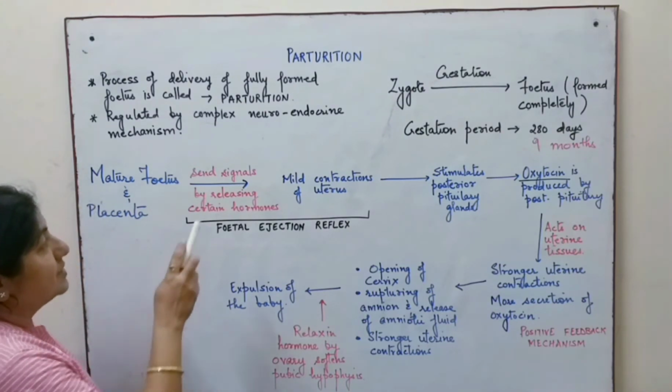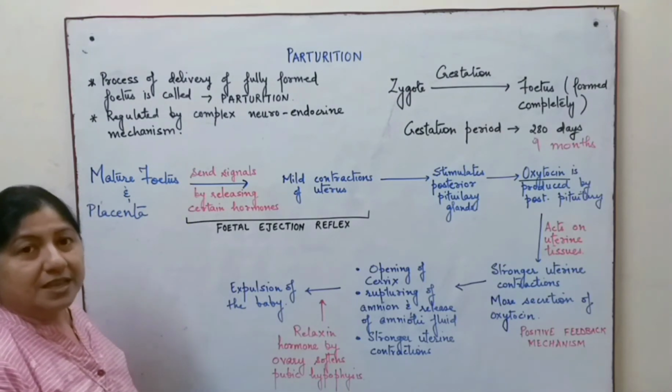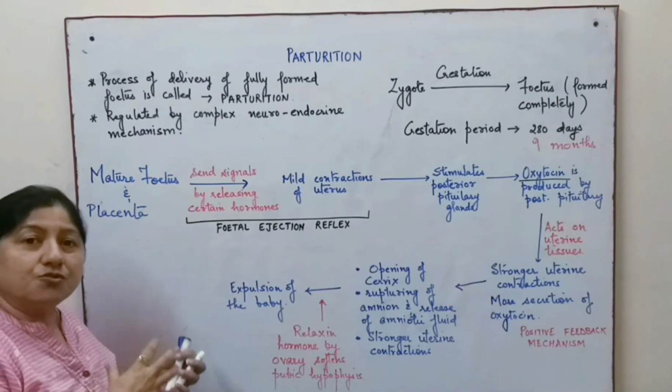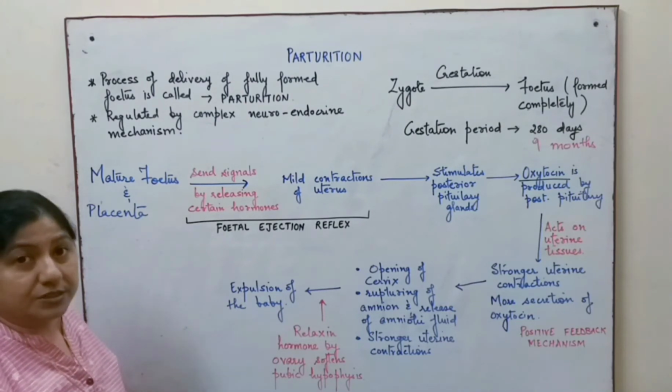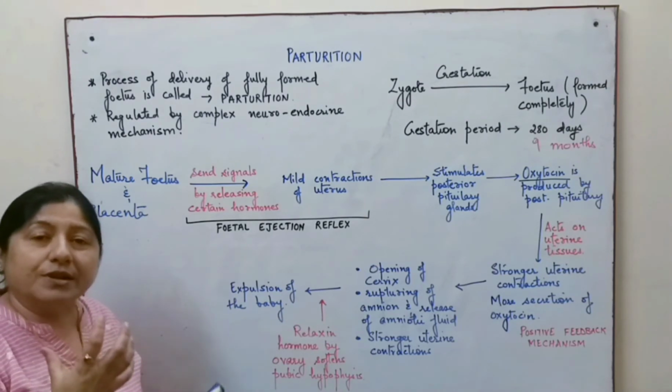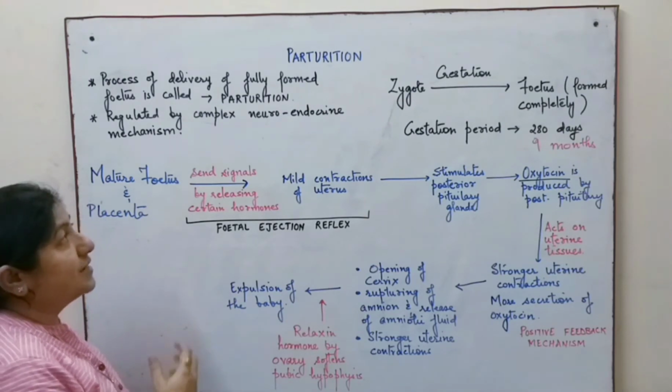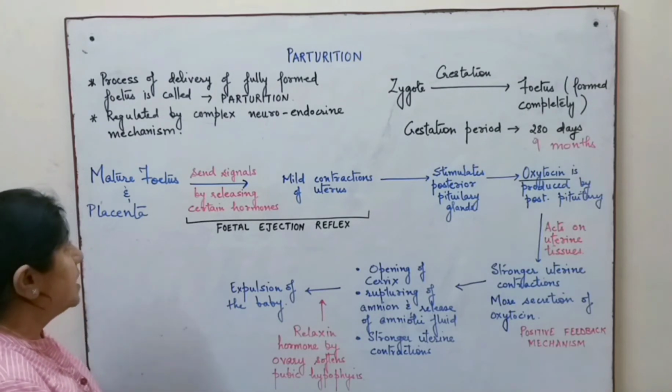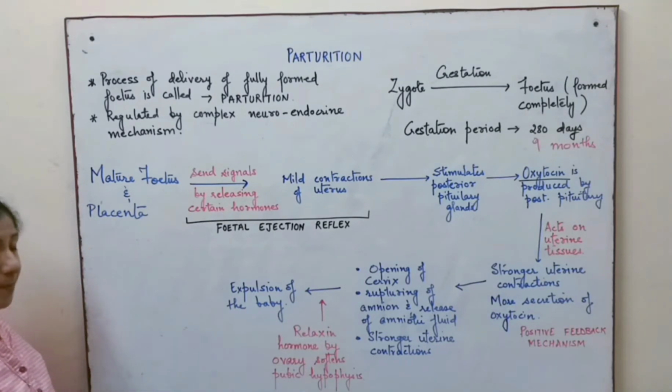This is a very complex process involving the neuroendocrine systems, both the nervous system, that is the neural system, and the release of various hormones, which facilitate the childbirth. So let us study now how this happens.